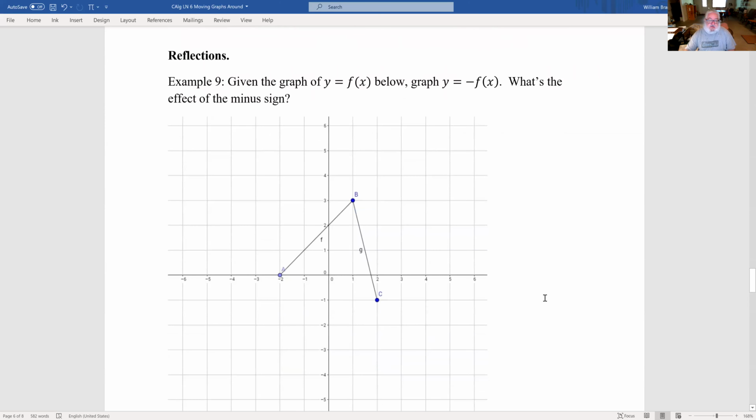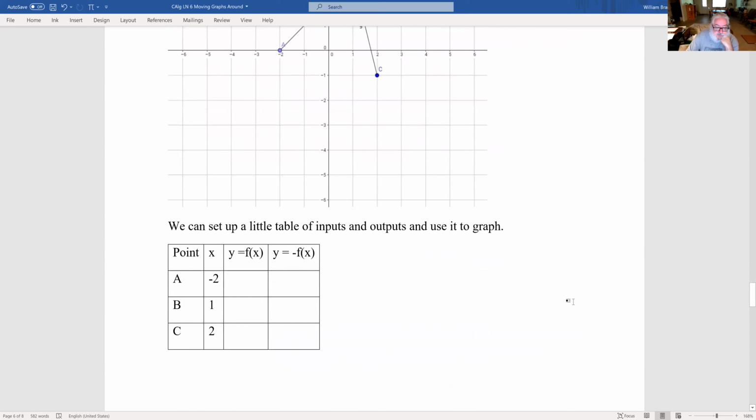What does the minus sign do? Again, outside the function, so it's going to be vertical, and this is going to flip over the x-axis. So here's our table, right? At -2, we have 0, at B it was 3, C at 2 is -1. We take these outputs and we multiply them by -1, we get 0, and then -3 and +1.